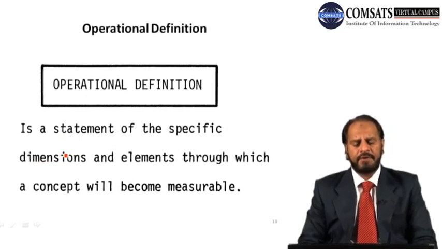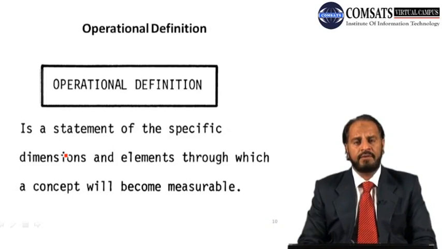Okay, so now the operational definition, as we say, is a statement of specific dimensions and elements through which a concept will become measurable. Any concept such as employee satisfaction, customer satisfaction, loyalty, success, employee success, organization success, whatever these variables are, are abstract concepts.